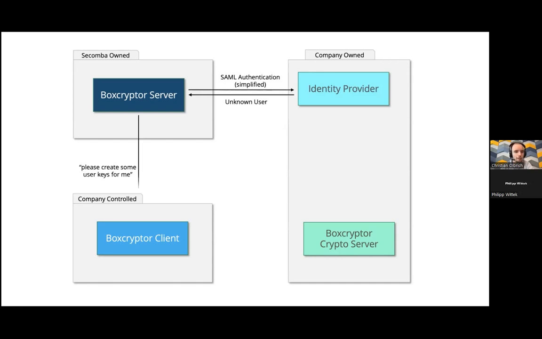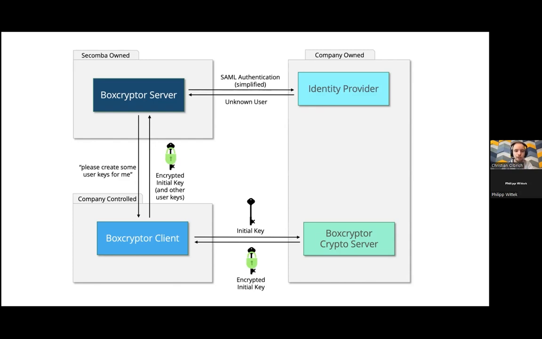So we forward a request, pretty much saying, please create some user keys for me. The Boxcryptor client does this, and the initial key is now forwarded to the crypto server, and the crypto server sends the encrypted counterpart back. And at that point, we can provide the Boxcryptor server with the complete encrypted initial key set, all the keychain, and the Boxcryptor server can store it and deliver it when that user signs in at another time as well.